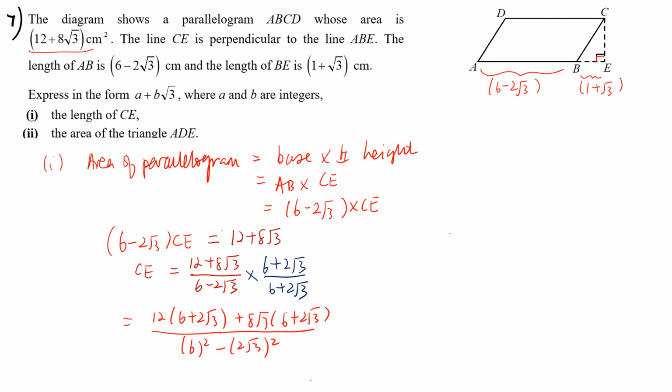Okay, so this one you can just simply use a calculator to evaluate. Alright, you don't have to stress yourself doing it mentally. Let's expand the numerator. That will give you 72 plus 24 square root 3, 48 square root 3 plus 8 times 2, 16. Square root 3 times square root 3 will give you 3.